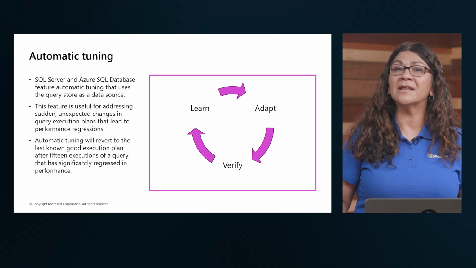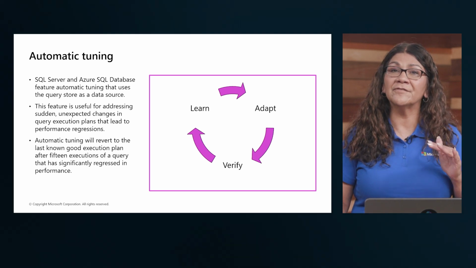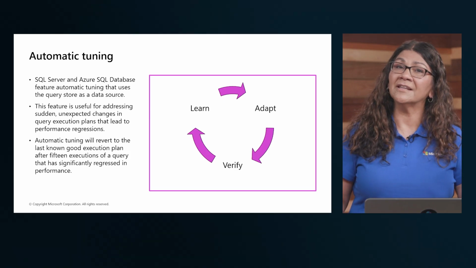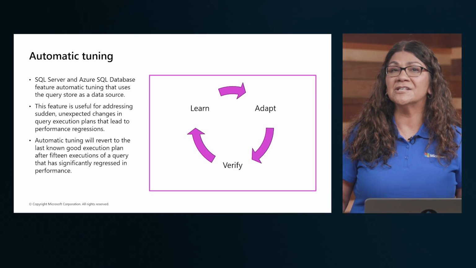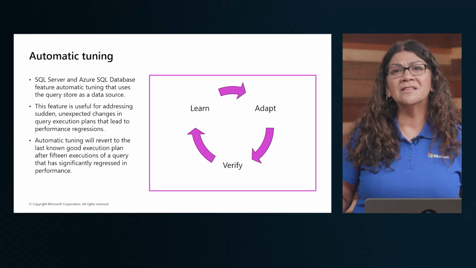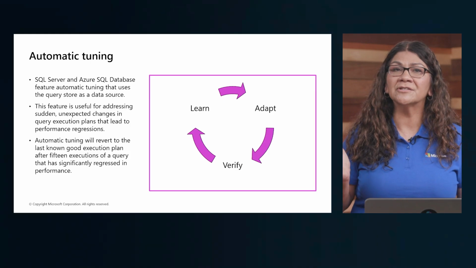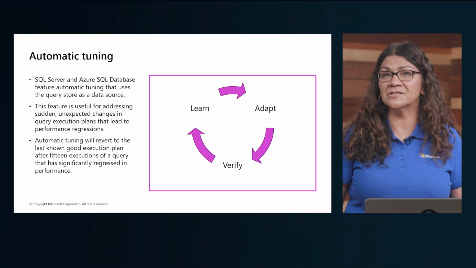If the forced plan underperforms after 15 executions, the engine reverts to the last known good plan and continues monitoring performance. This cycle of learning, adapting, and verifying ensures sustained query efficiency.